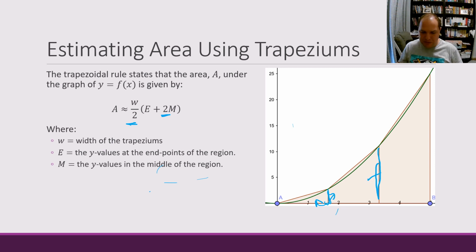Same for this middle length, it's used in the left and the right. So hence we have to times it by 2 because we're using it twice. The end values up here at A and this end value here, those are only used once, and hence that's why there's no 2 in front of the E term. It's just the endpoints on their own, but we're doubling everything in the middle because we're using those values twice.